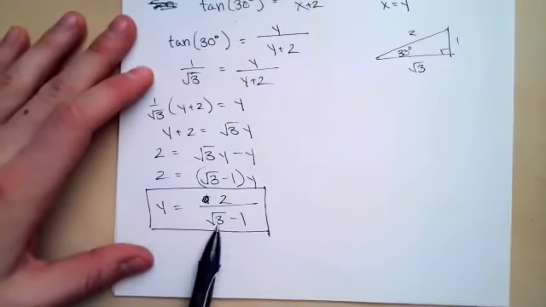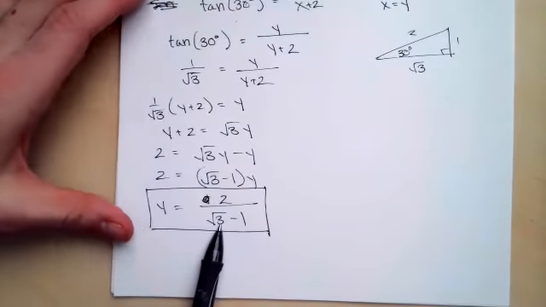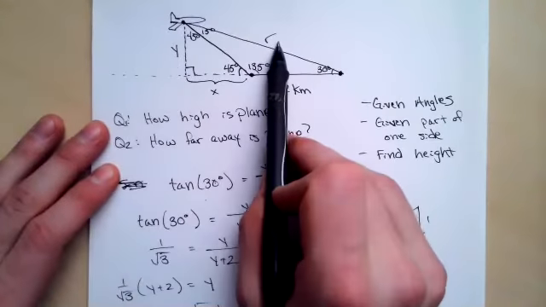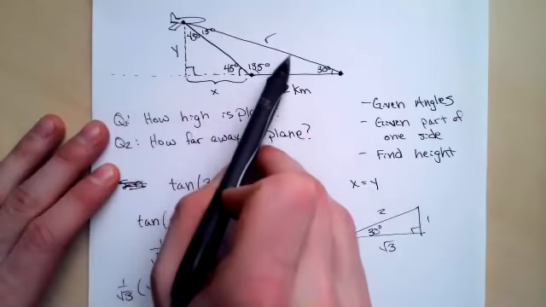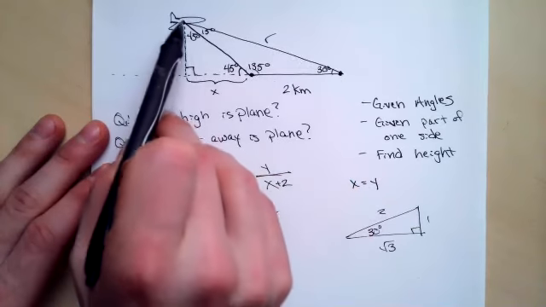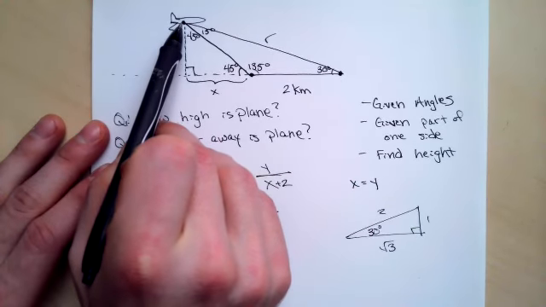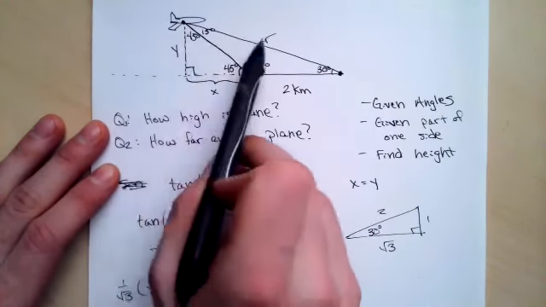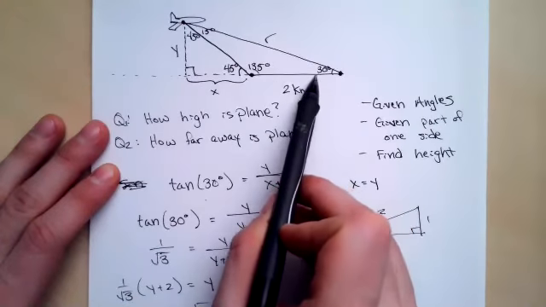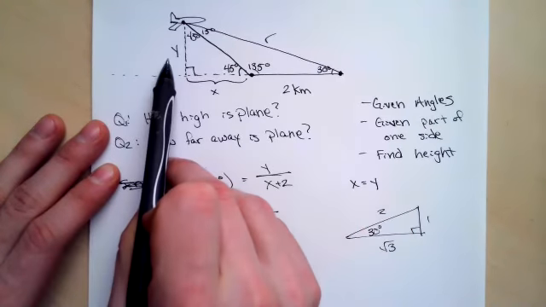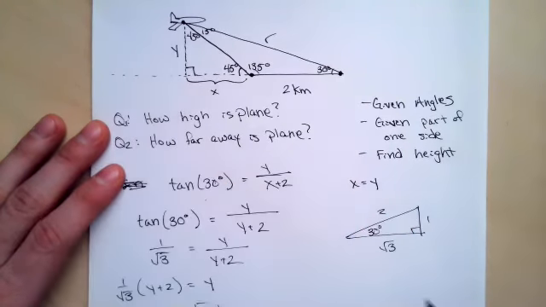How high is the plane? That high. That's our y value. How far away is the plane? So that's this distance from us standing here all the way to the plane. We want to find r. How do I find r in this case? Well, I have a 30-degree angle. I have y. I know that sine of 30 degrees is y over r.